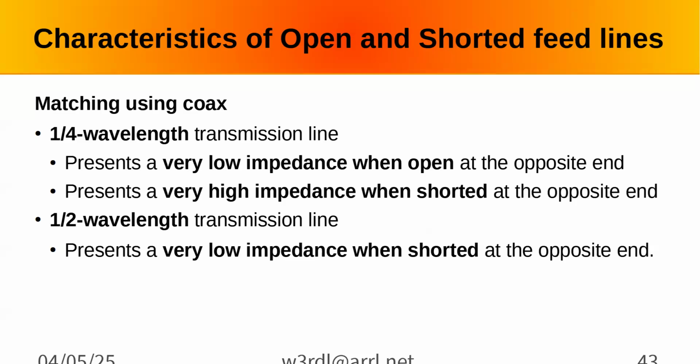And that's all you're doing with a quarter wavelength of line for a particular frequency. It just basically gives you the opposite. If it's a half wavelength, we're at 180 degrees. So if it's shorted on one end, it looks like it's shorted on the front end, because you've got the same zero voltage and zero voltage.